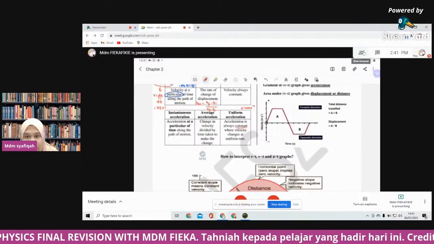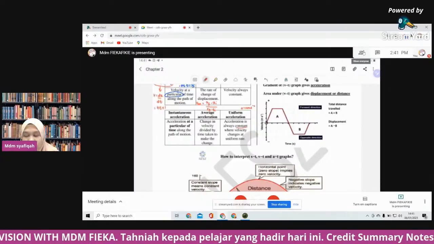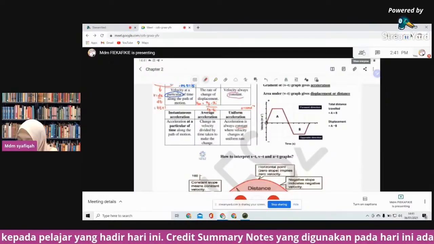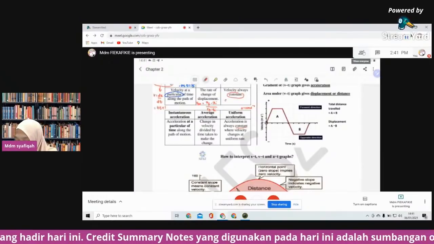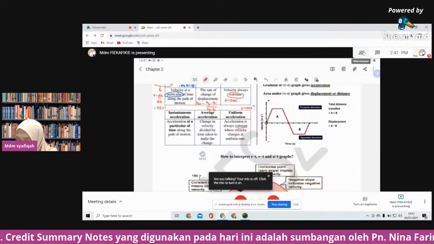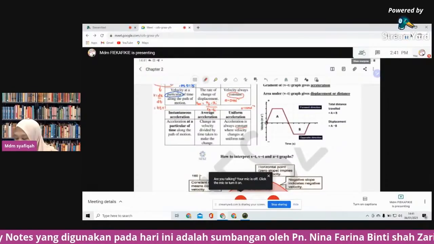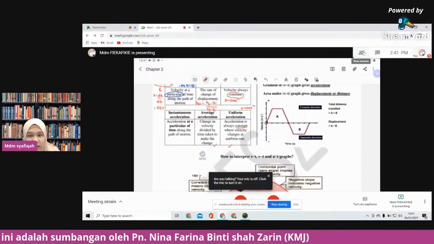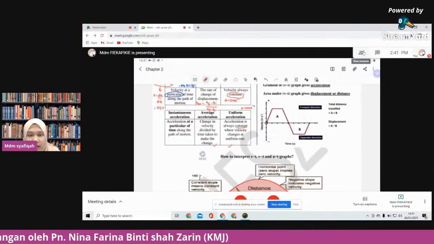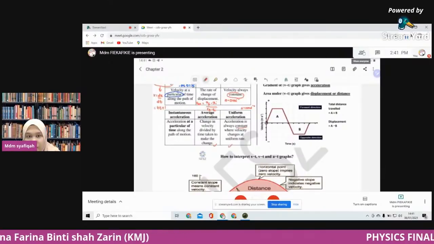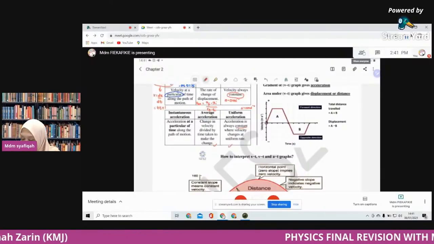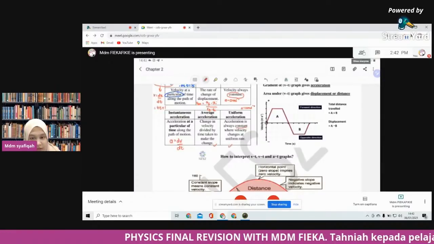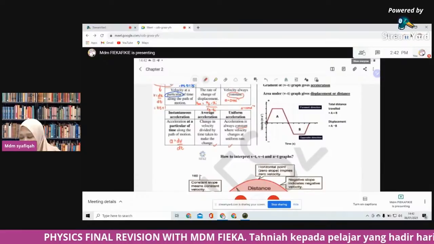That is uniform acceleration. But when the velocity is constant, baru acceleration is equal to 0. You mesti tahu macam mana nak bezakan. And what is the instantaneous acceleration? It is the acceleration at a particular time. So if we have the equation of v tadi, bila you differentiate equation v, you akan dapat equation of acceleration. Lepas tu, you boleh substitute.